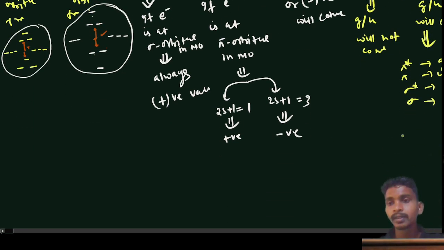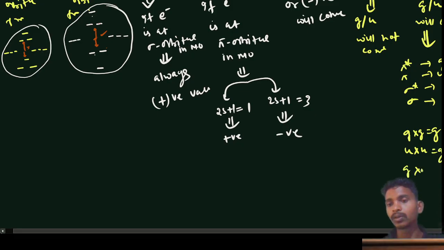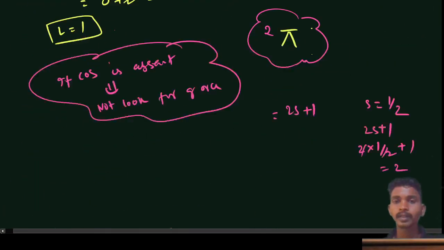You remember that G into G is always G, U into U is also G, G into U is U, and U into G is U. So you have to remember this. These are the four conditions.